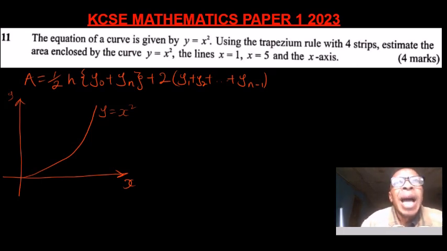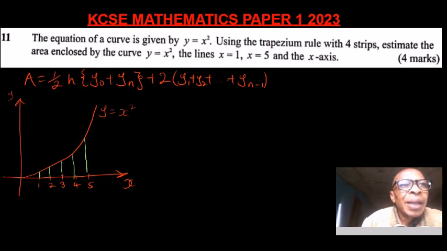Since this is just a sketch, we have 2, 3, 4, 5. So we can draw the stripes: the first one, the second one, the third one, the fourth. Those are 4 stripes, since we are told from x equals 1, x equals 5, and the x-axis.